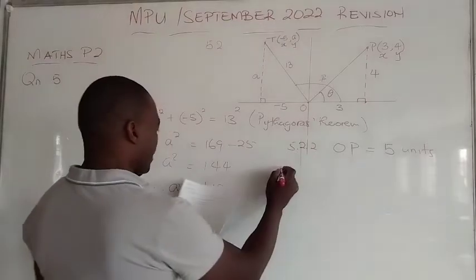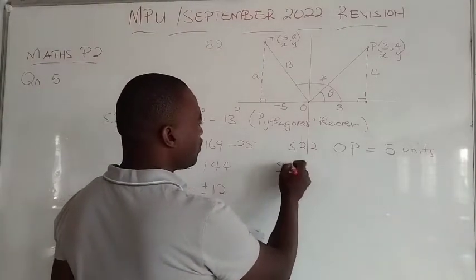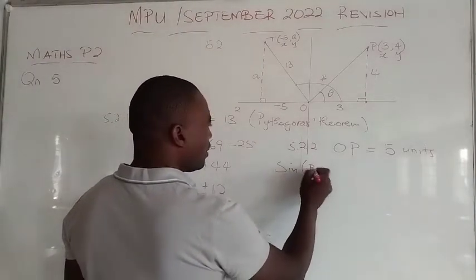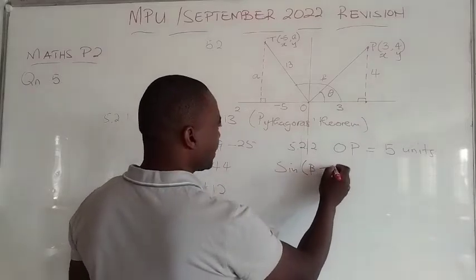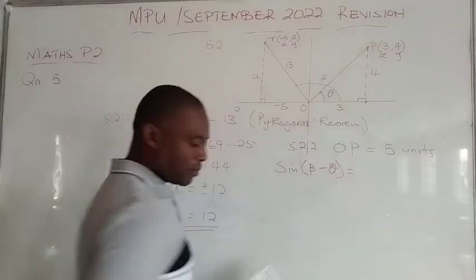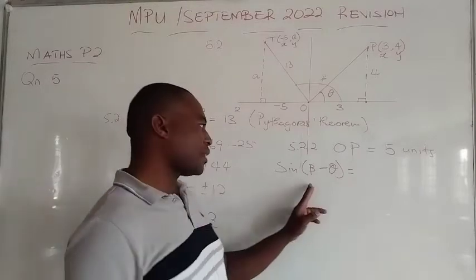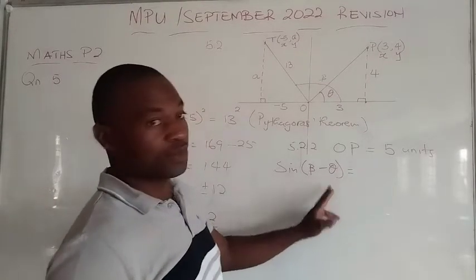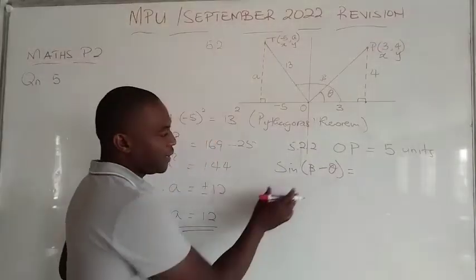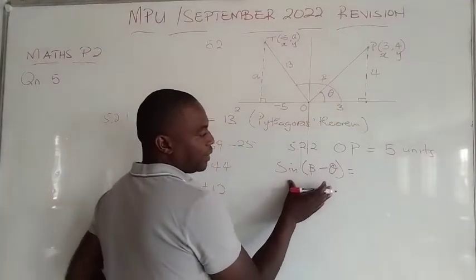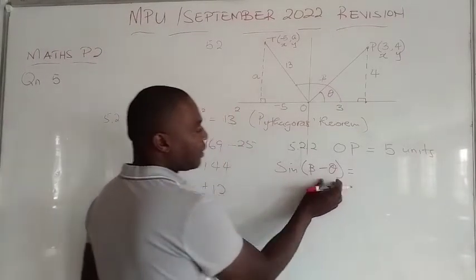5.2.3, the question requires you to find the ratio of sine beta minus theta. Now the question here is not about the size of beta or the size of theta. It is about the ratio of this angle.